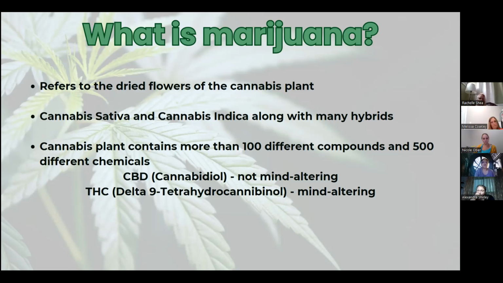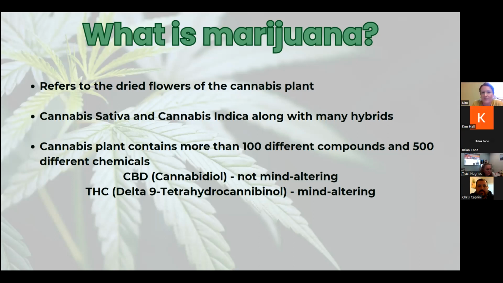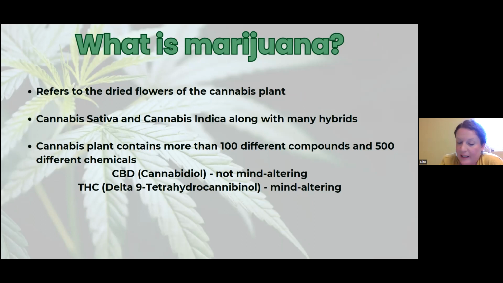So depending on what effect you want, that will determine what strand you use. They do look a little bit different, with the sativa plant having long, thin blades, where the indica plant has wider, shorter blades.